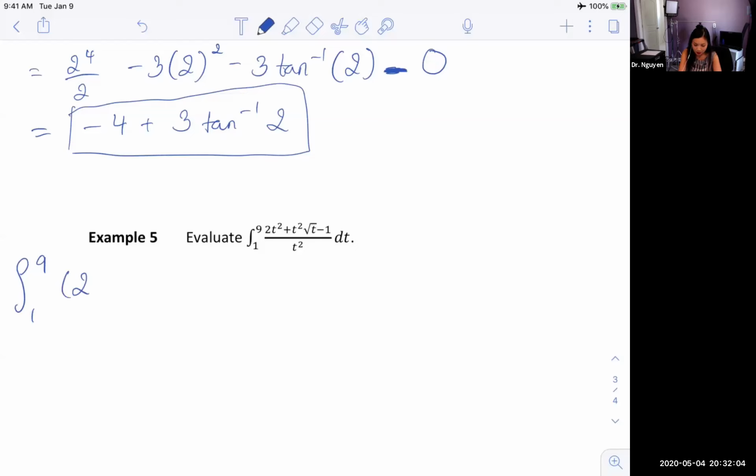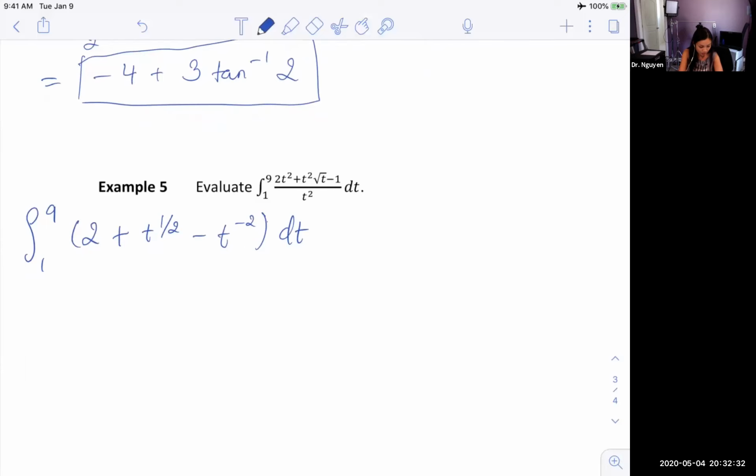And then we have t squared divided by t squared, so we ended up with square root of t, so I'm just going to change it to t to the 1/2, minus 1 over t squared, so I'm just going to move it to the top and change it to a negative 2 right there, dt.